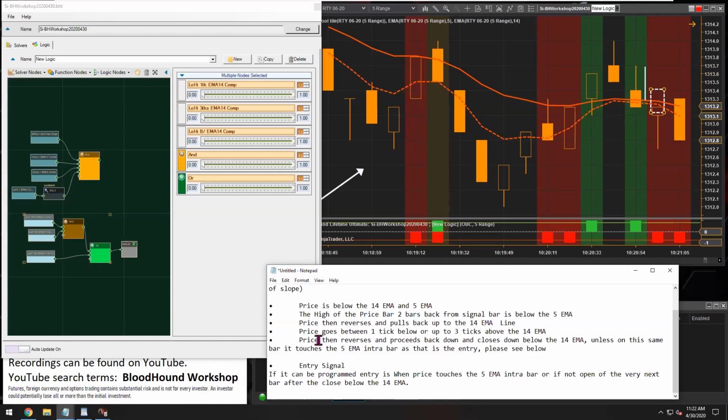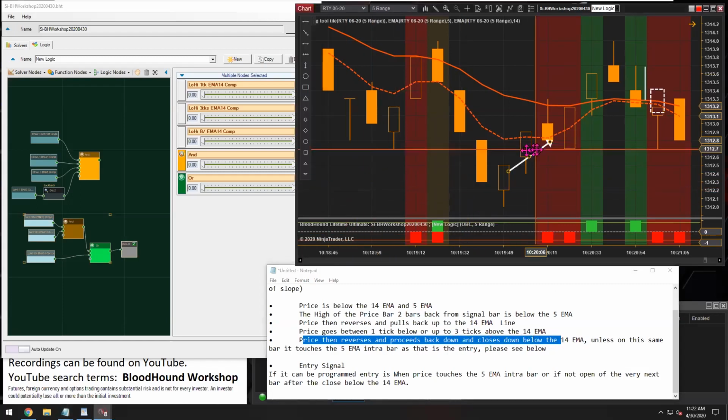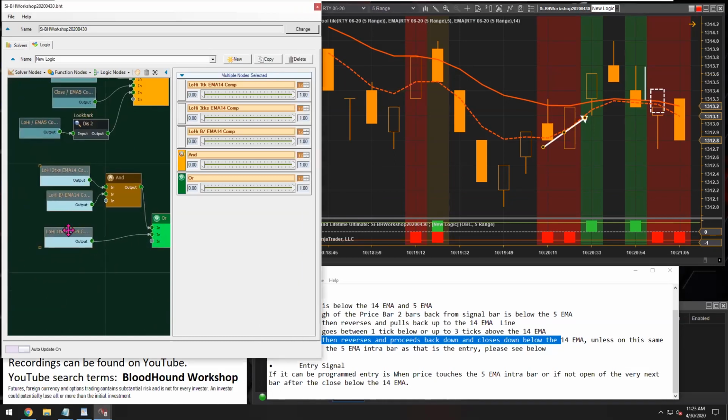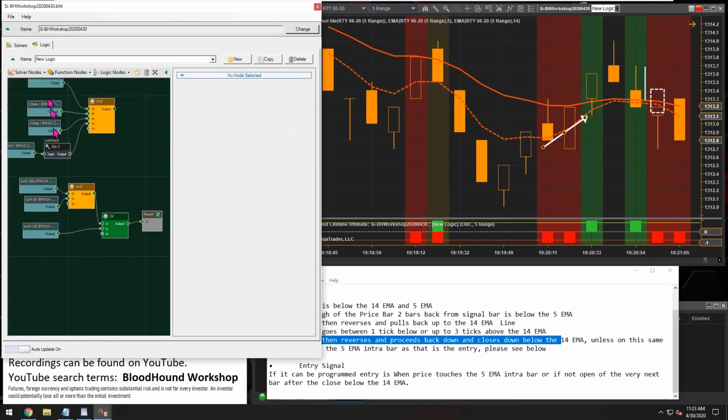For a short, the bar or price needs to reverse, proceed back down, and close below the EMA14. I'm wondering if I could just copy one of these solvers. No, I don't think so.